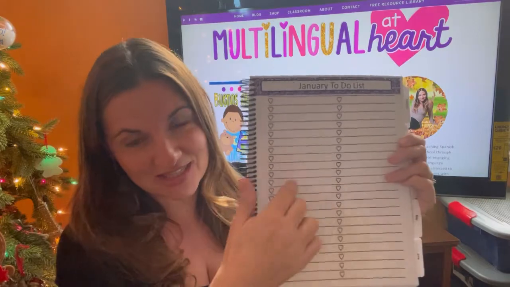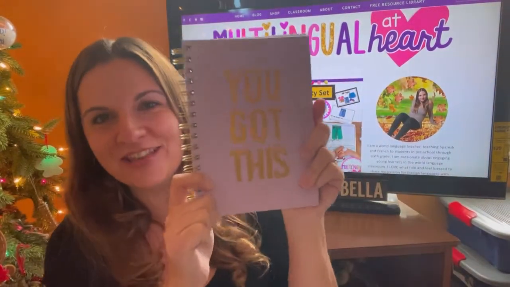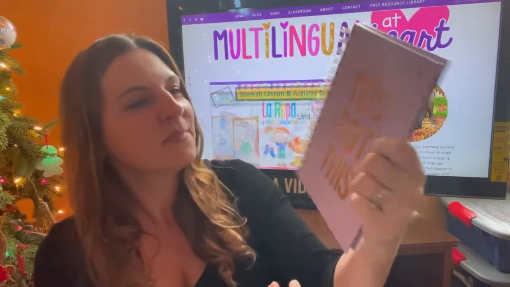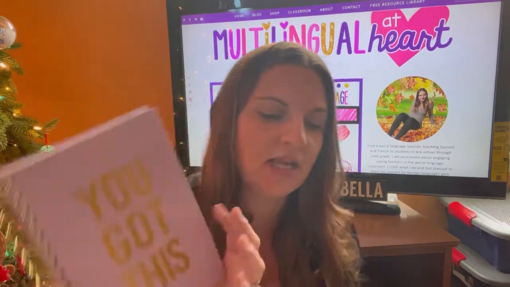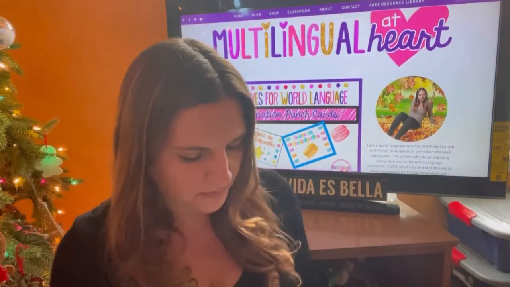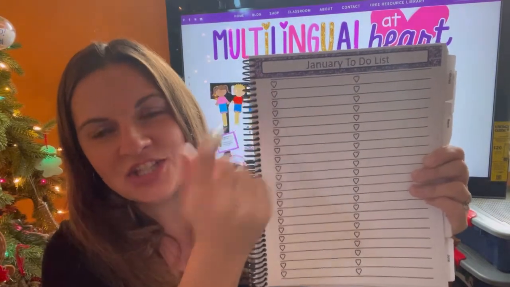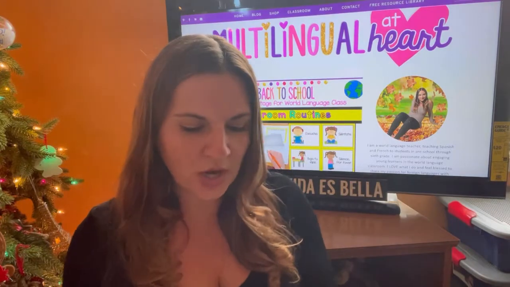In addition, I also have this, which says, "You got this," and I need to hear that every single day. This is my little to-do list planner, where I write down my daily list of things I need to do, and this is more the big picture for the whole month. It's fun to check each thing off with a little heart. So that's the first part of the month.